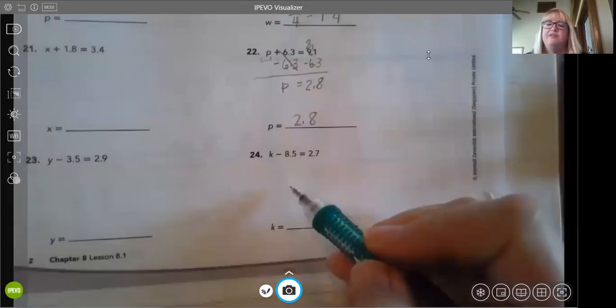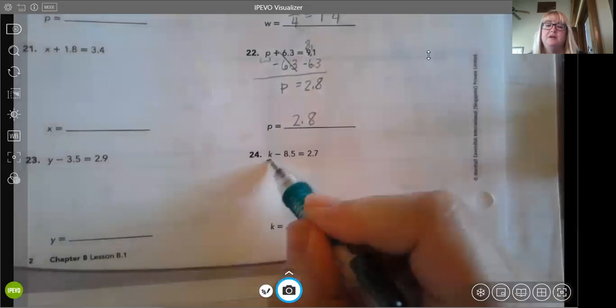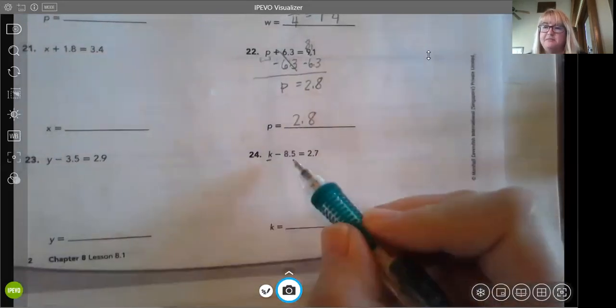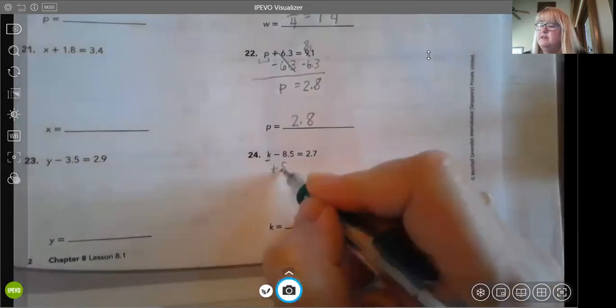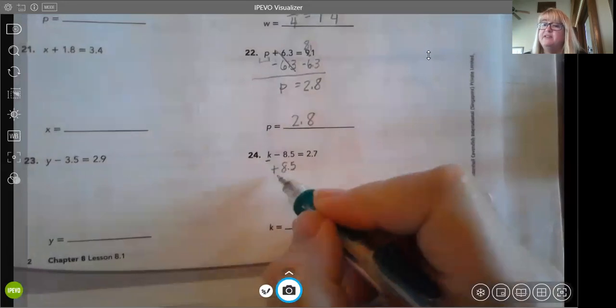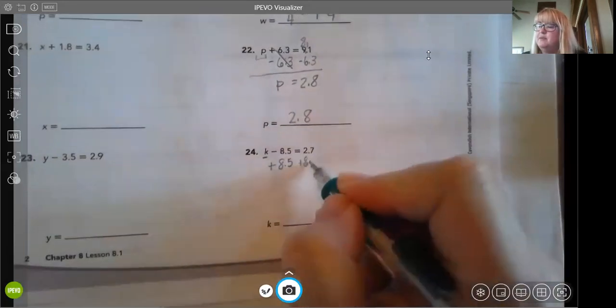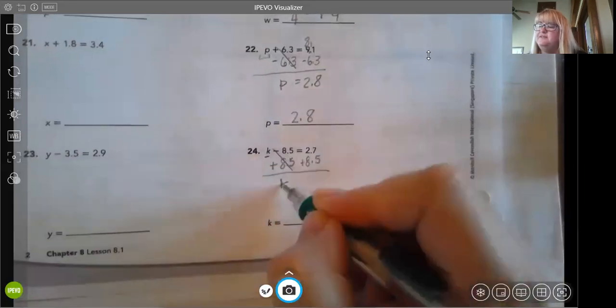All right, let's look at 24. K minus 8.5 is 2.7. I want K by itself. That's my variable. I've got this minus 8.5 with it. The opposite of minus 8.5 is plus 8.5. But if I add 8.5 on the left, I have to add 8.5 on the right. These cancel out. They make a zero pair, leaving K by itself.